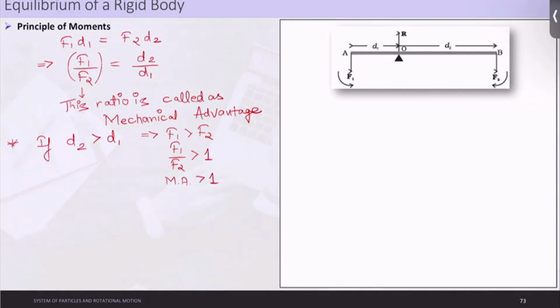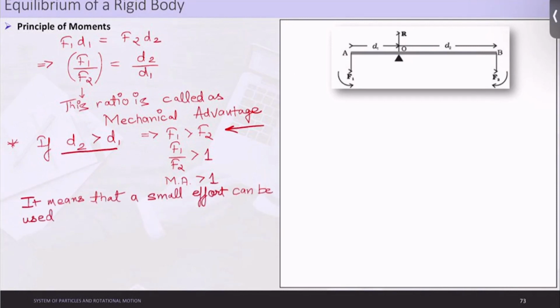If we implement this condition, a smaller force is needed to lift a higher value of F1. So I will just write what it means: a small effort can be used to lift a large load.